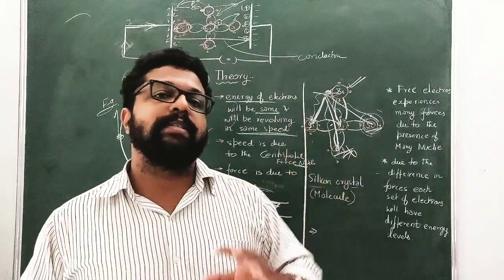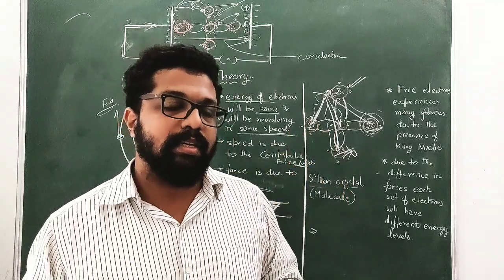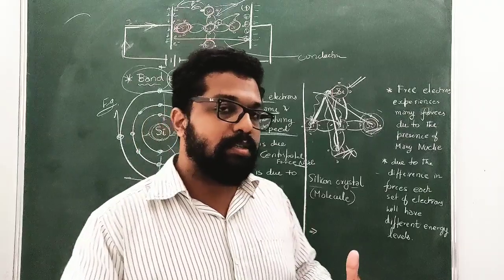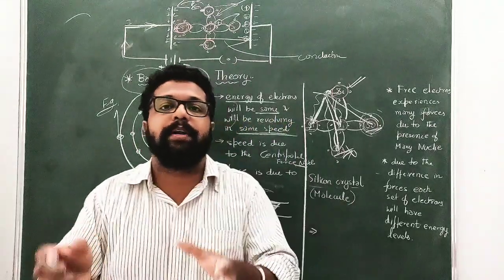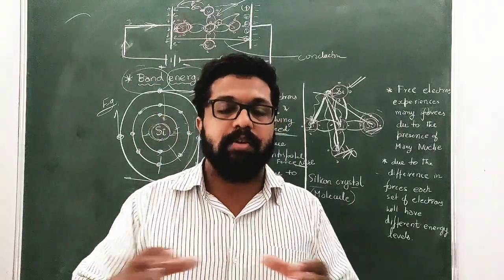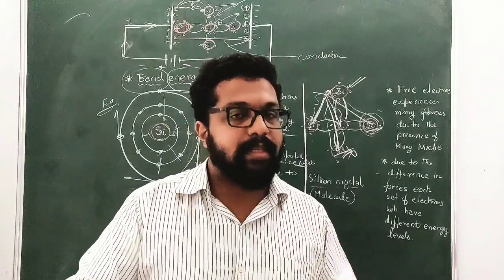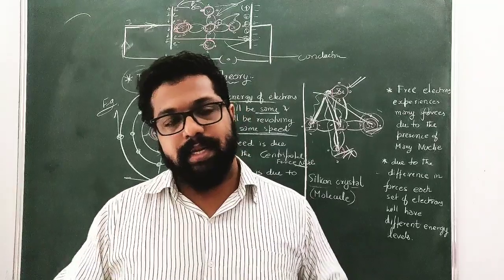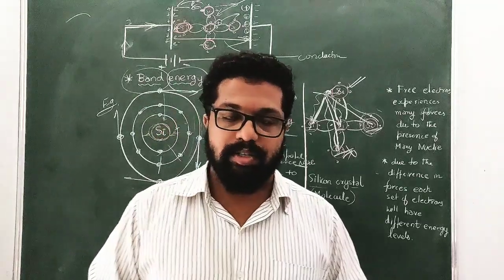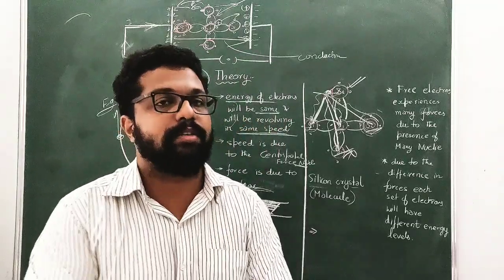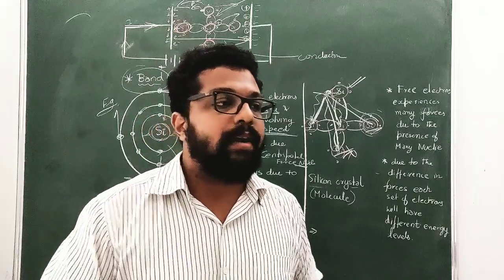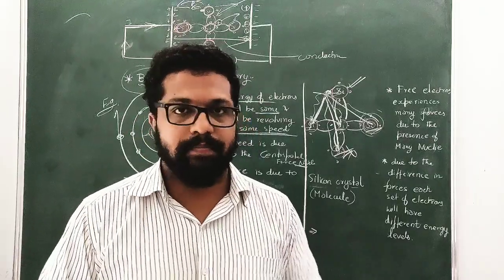So that difference in energy is what lets us group them into categories. The electrons will be grouped into certain categories, and that is nothing but the band energy theory. That is why we need to learn about the band energy theory, so that we can classify these electrons based on their energy levels and understand what type of material it is. Clear?